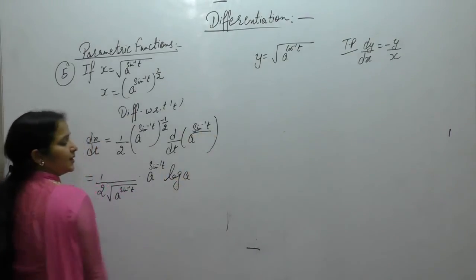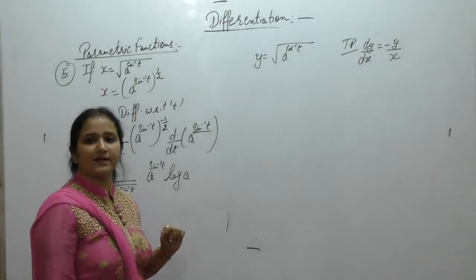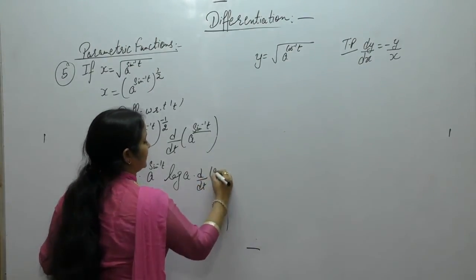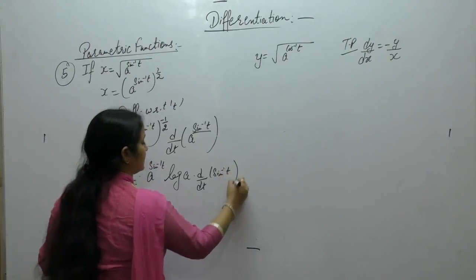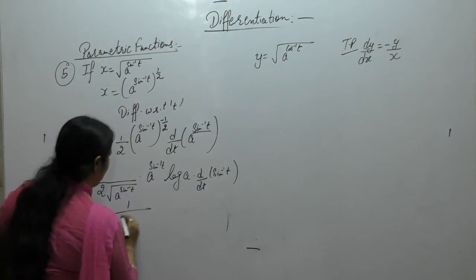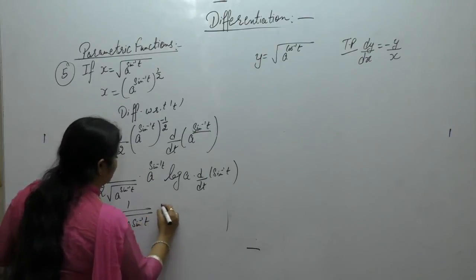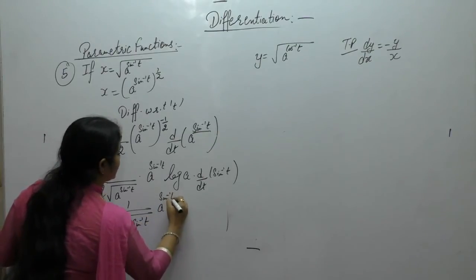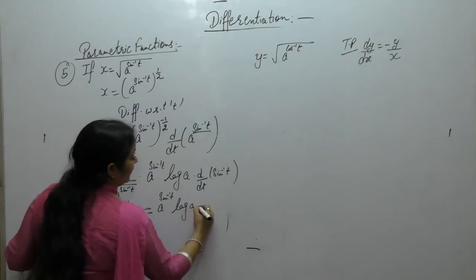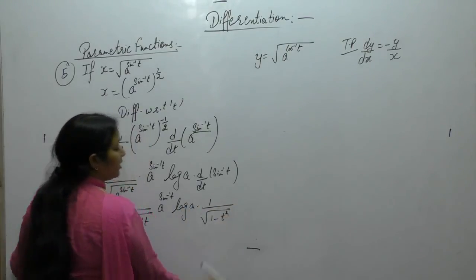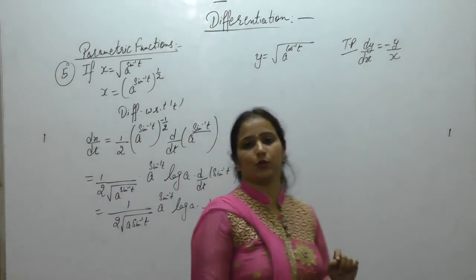Instead of x, here we have sin inverse t. So take the derivative of sin inverse t. So what we get? 1 upon 2 square root of a sin inverse t, a sin inverse t log of a, derivative of sin inverse is 1 upon square root of 1 minus t square.